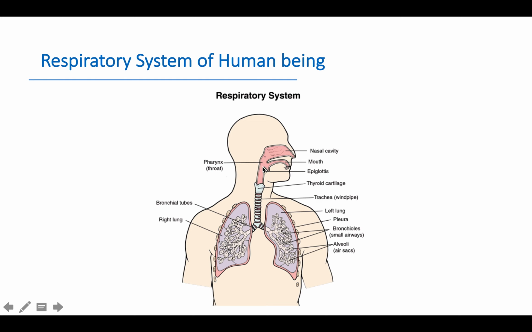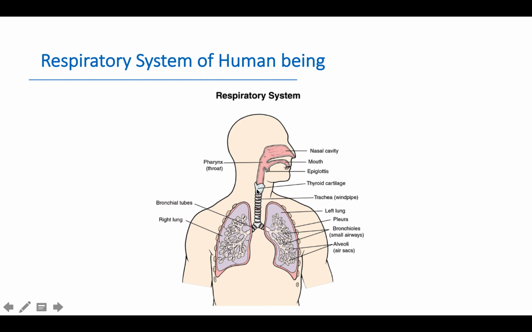This is called glottis. At the entry of this glottis, there is a cartilaginous flap-like structure which keeps this opening closed while swallowing the food. Otherwise, some food particles can enter into this windpipe or trachea and cause coughing.